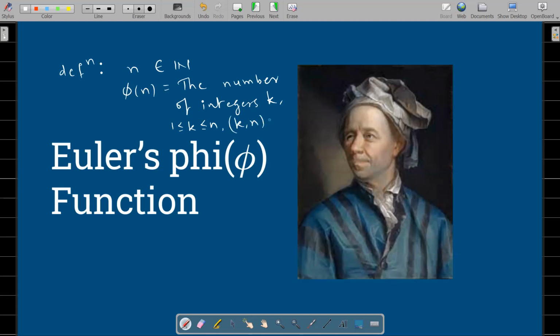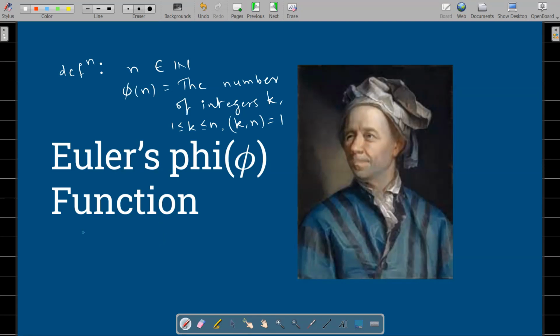This is the symbol for GCD, the greatest common factor of k and n is 1. So they are called co-prime numbers. You count how many numbers between 1 to n are co-prime with n, and that number is called phi of n.